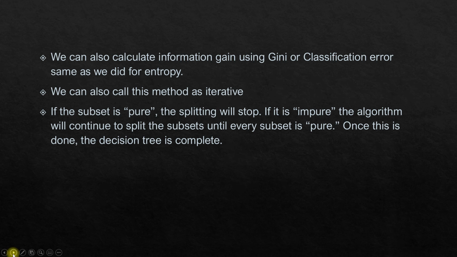One important point we noticed is that if the subset is pure, the splitting will stop there. If it is impure, the algorithm will continue to split the subset until every subset is pure. Once this is done, the decision tree is completed.